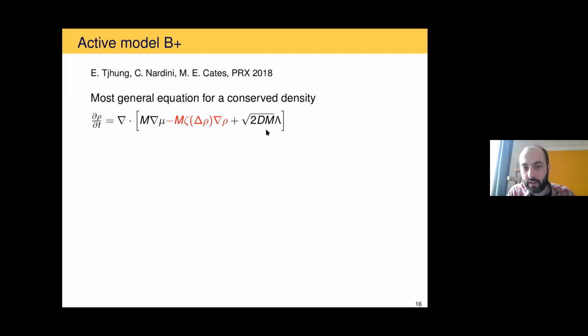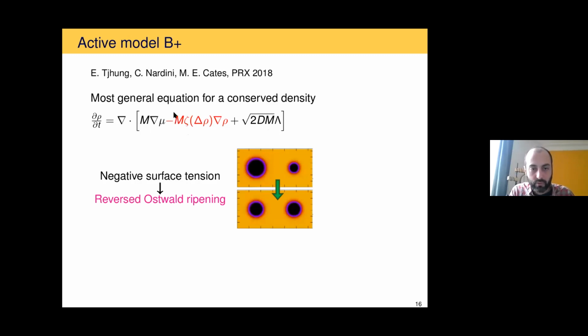And they also had this last term, a noise term, to look at this equation in simulation. But now with the red term, for some sets of parameters, they observe negative surface tension.